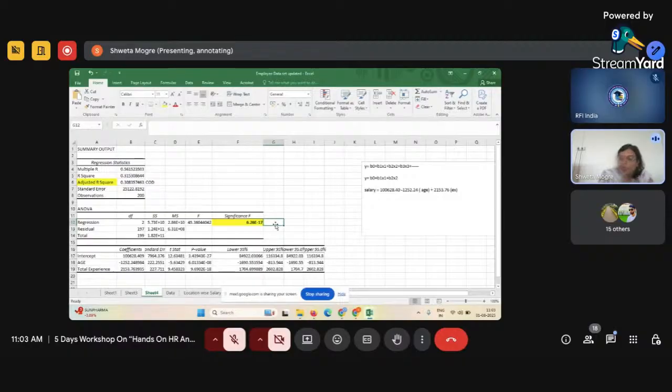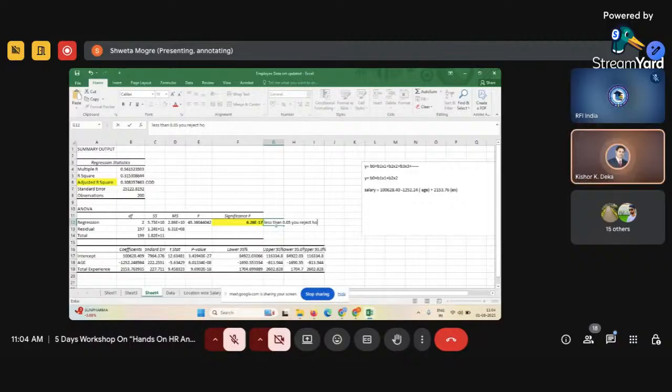If this value is less than 0.05, you reject your hypothesis. Which hypothesis? Null hypothesis. So what is your null hypothesis?